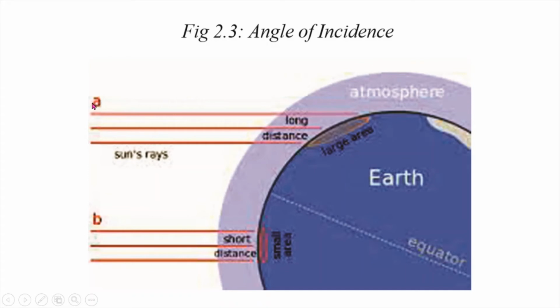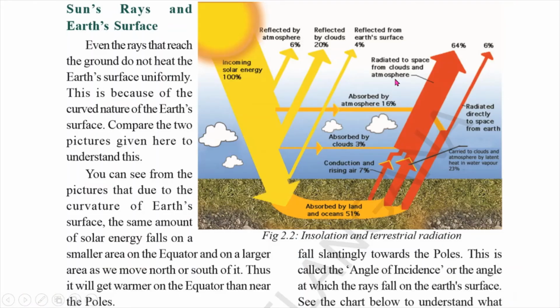These are the rays coming onto the earth's surface, but while reaching the earth's surface, they will not do anything to the atmosphere, or will not heat up the atmosphere. But while reflecting back, see here, after the land absorbs this radiation and it reflects back, this is the reason the atmosphere gets heated up.